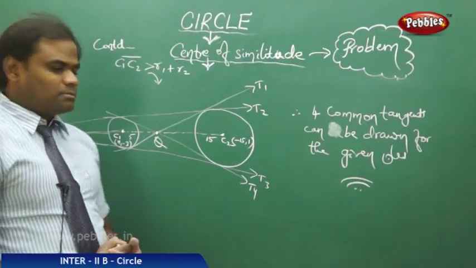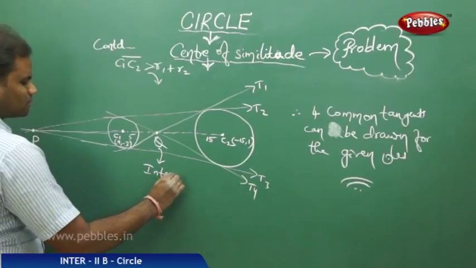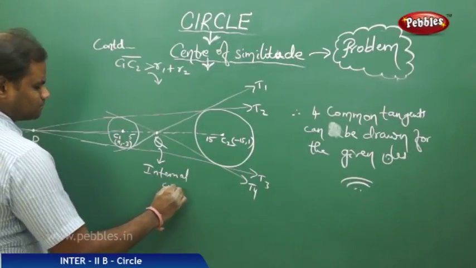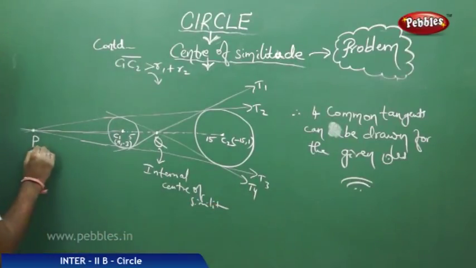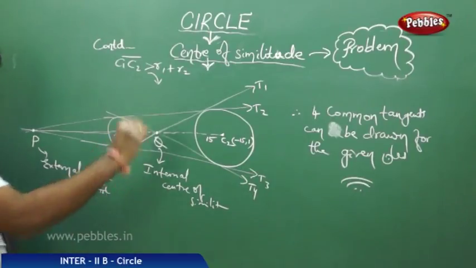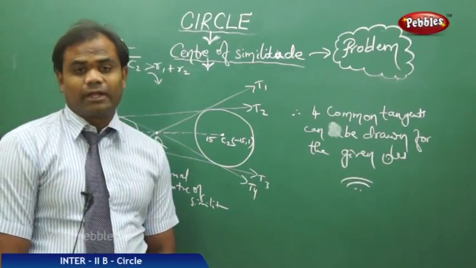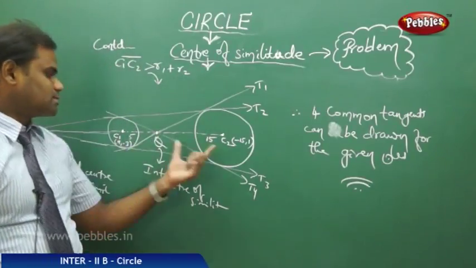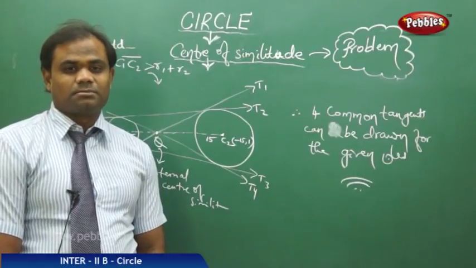So there are 2 centers of similitude, this being the internal center of similitude and this being the external center of similitude. These are the 2 centers of similitude, which you find using the centers and the radii.